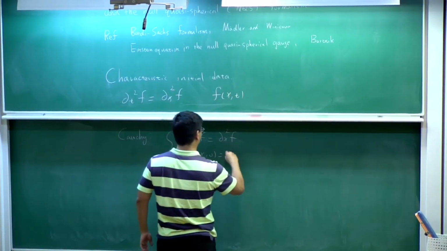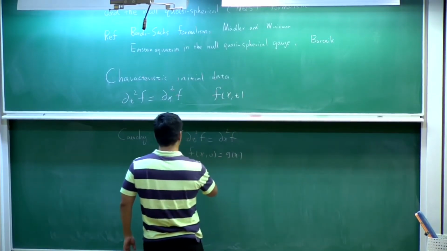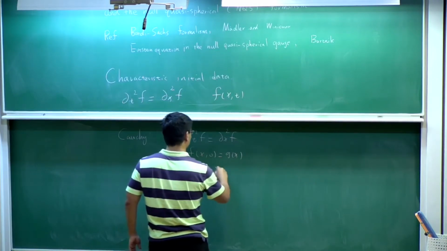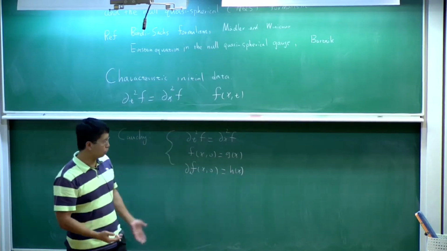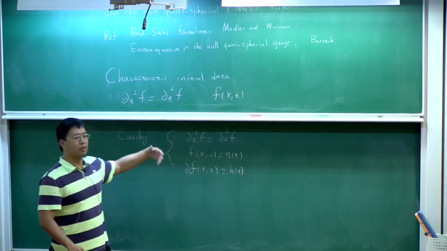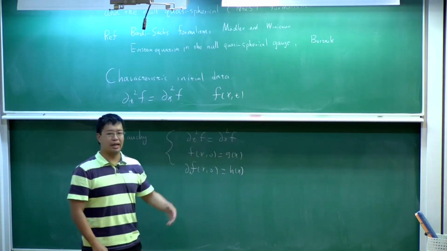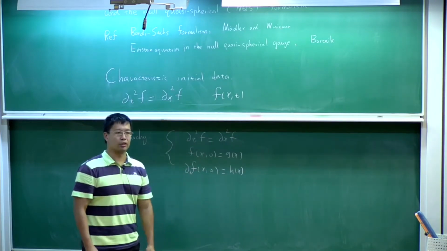And we are prescribing this. This is a well-posed partial differential equation that we study in undergrad PDE class, and there are a bunch of ways to construct the solutions.